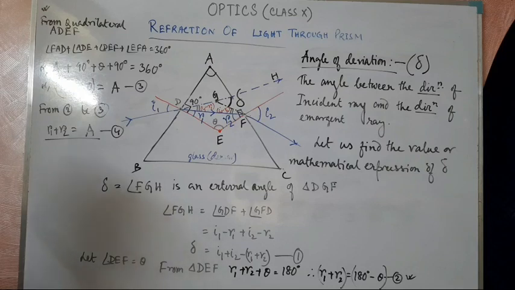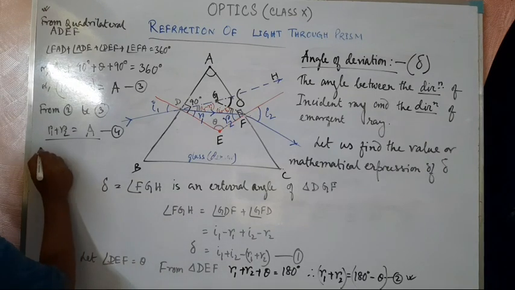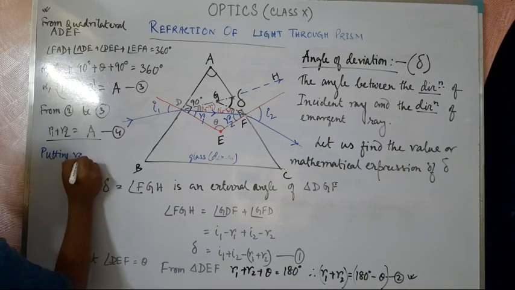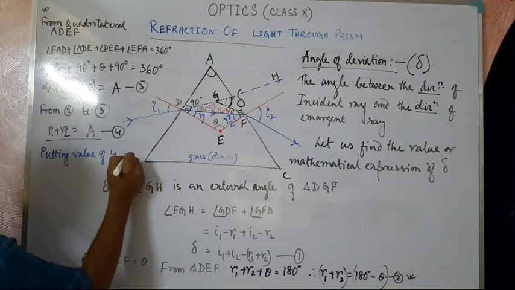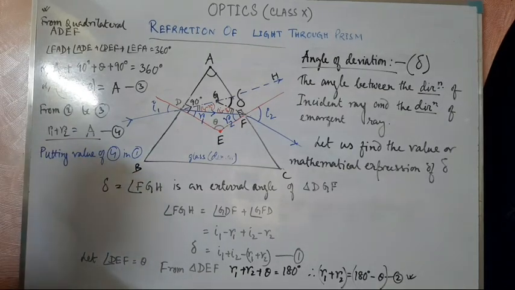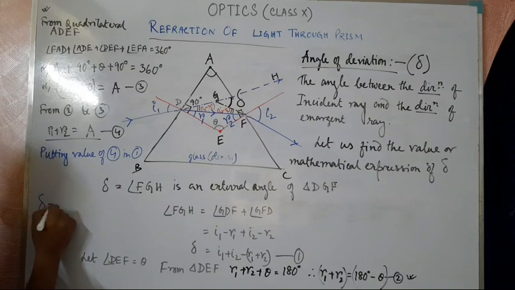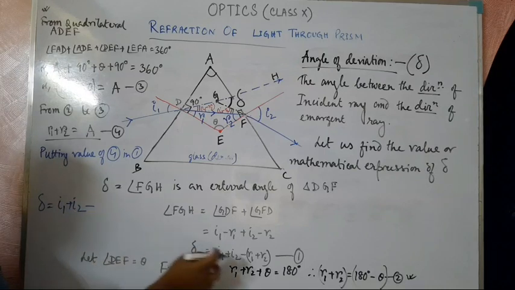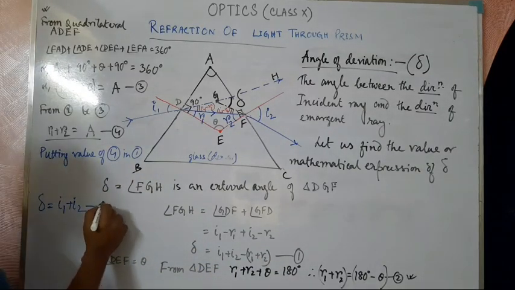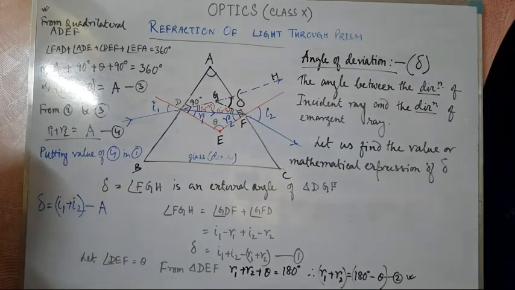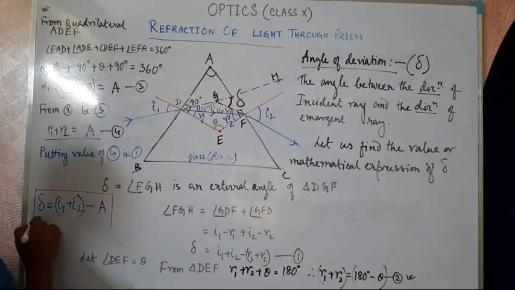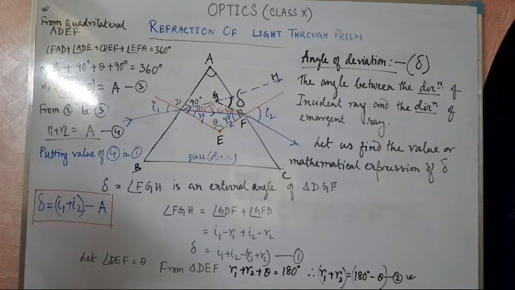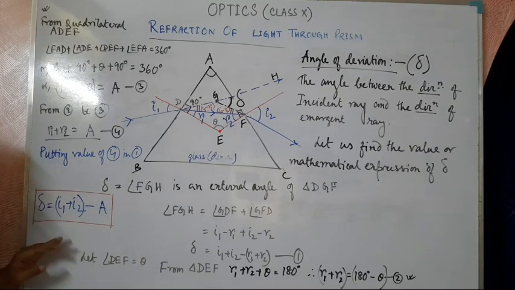Delta equals I1 plus I2 minus, instead of R1 plus R2, we will write A. So this is the form of deviation of light produced in a prism, and here all the variables are known.